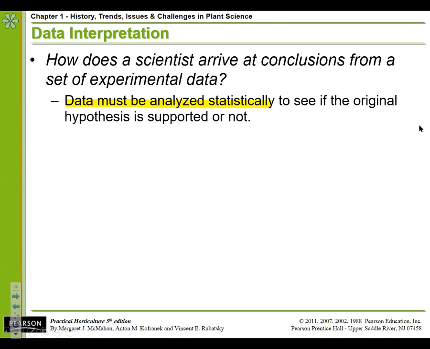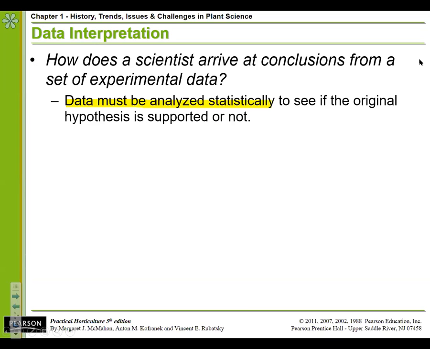Anyway, basically we look at the statistical analysis as a way to check the data, to really truly see whether the hypothesis is true or not. So we would create this null hypothesis, and we would look at it not just by physically examining it and saying, all right, well, the plants that were in uncompacted soil grew better.